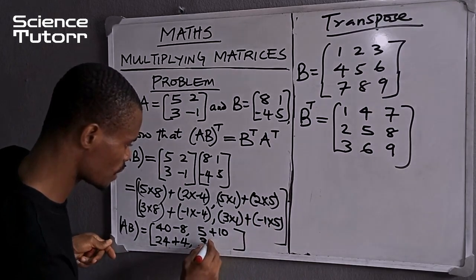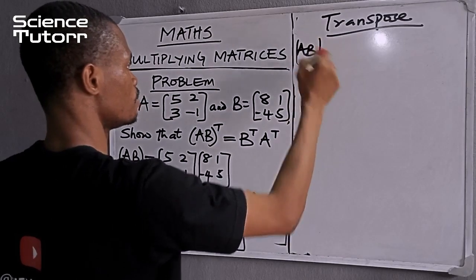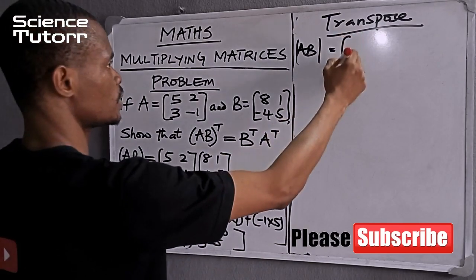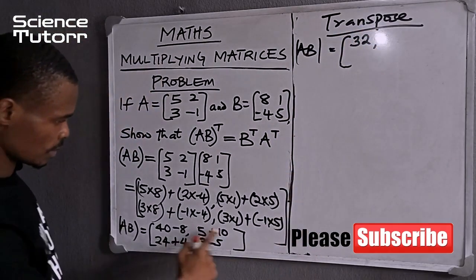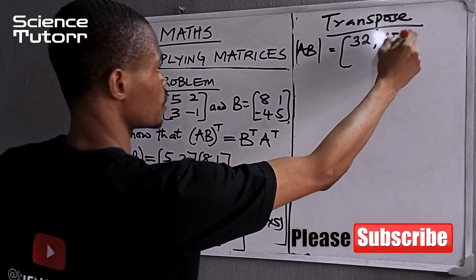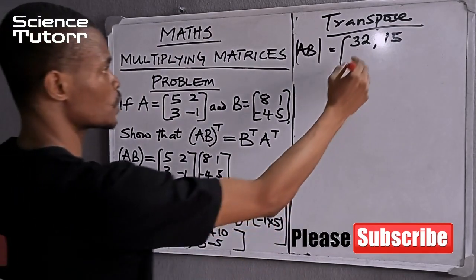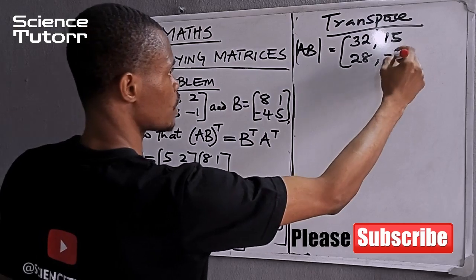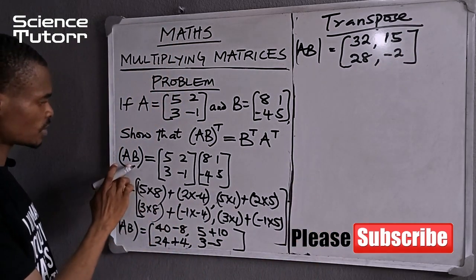Minus 1 times 5 gives us minus 5. So we have matrix AB equal to 40 minus 8 gives us 32, comma. In this case, we have 15, 5 plus 10. 24 plus 4 gives us 28. In this case, we have 3 minus 5, which is minus 2. So we've been able to obtain the matrix AB.